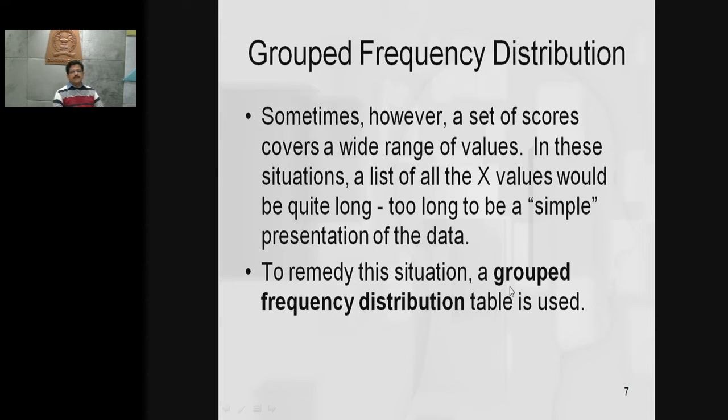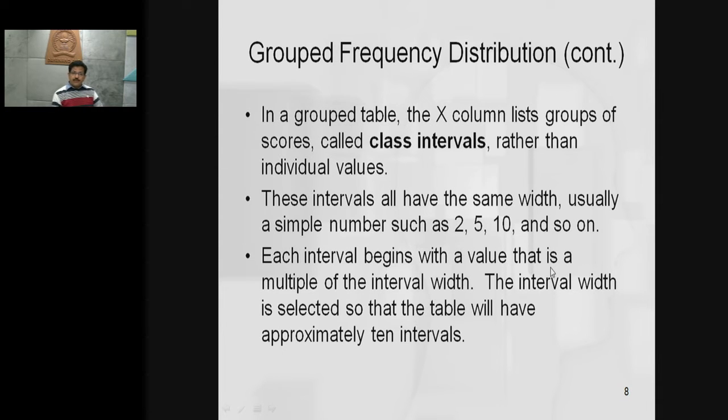We use grouped frequency distribution. So what is it? In a grouped frequency distribution table, the X column lists groups of scores called class intervals rather than individual values. We get classes rather than the separated values. These intervals all have the same width.